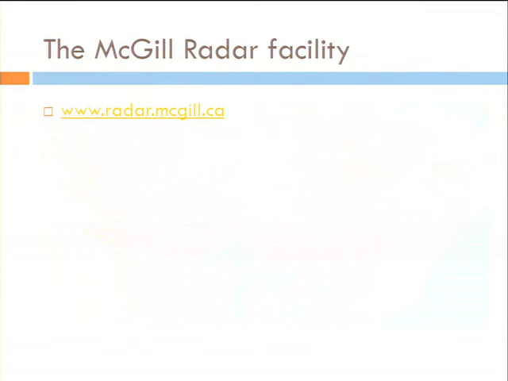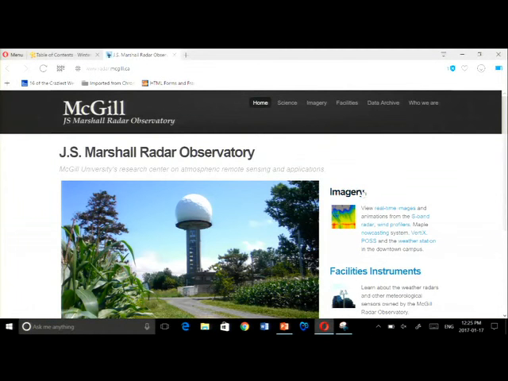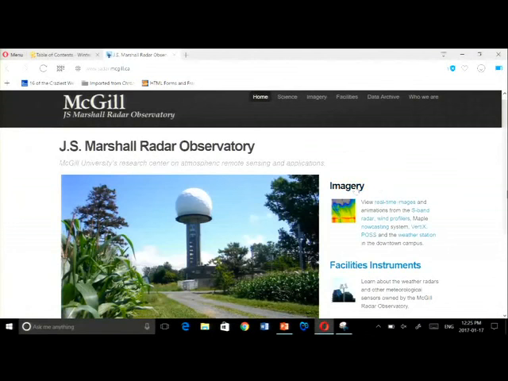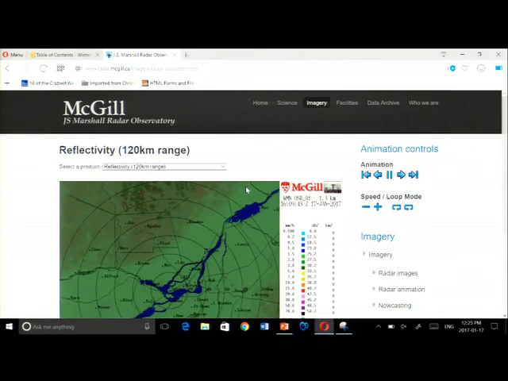And McGill has its own radar site, and you can access it. Hopefully it is up. Okay, so this is the McGill Radar Observatory, and you can get a reflectivity animation.